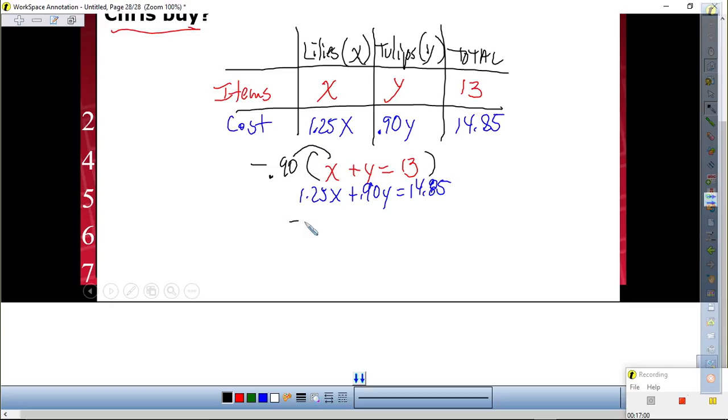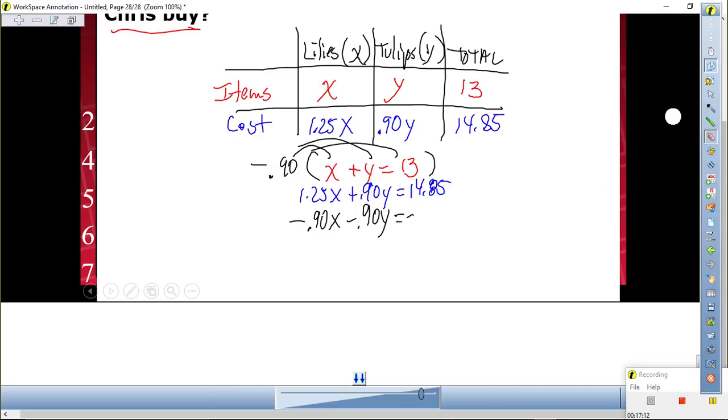So this becomes negative 0.90x, negative 0.90y equals negative 13 times 0.90.